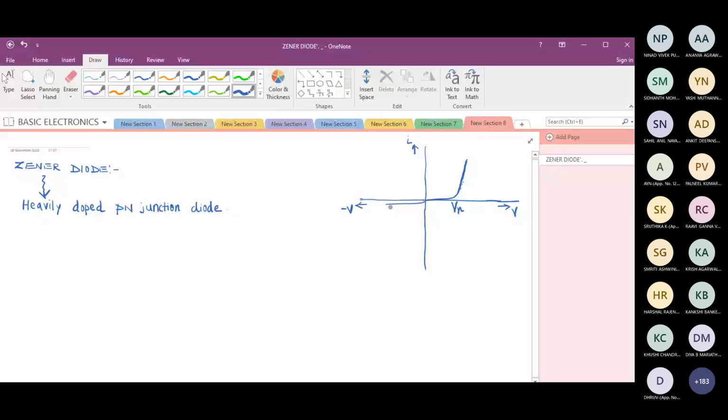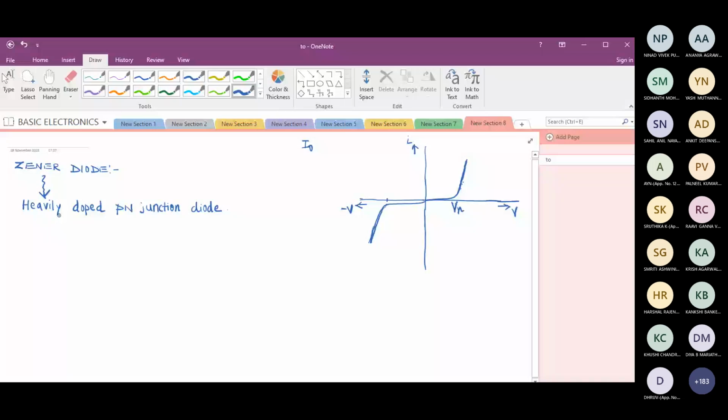So here, at a particular voltage, when we dope the diode heavily, it starts conducting. Means you get a breakdown. Means current shoots up, even under reverse bias condition. Why does it shoot up? Because the diode is doped heavily. And that is the speciality of the Zener diode.